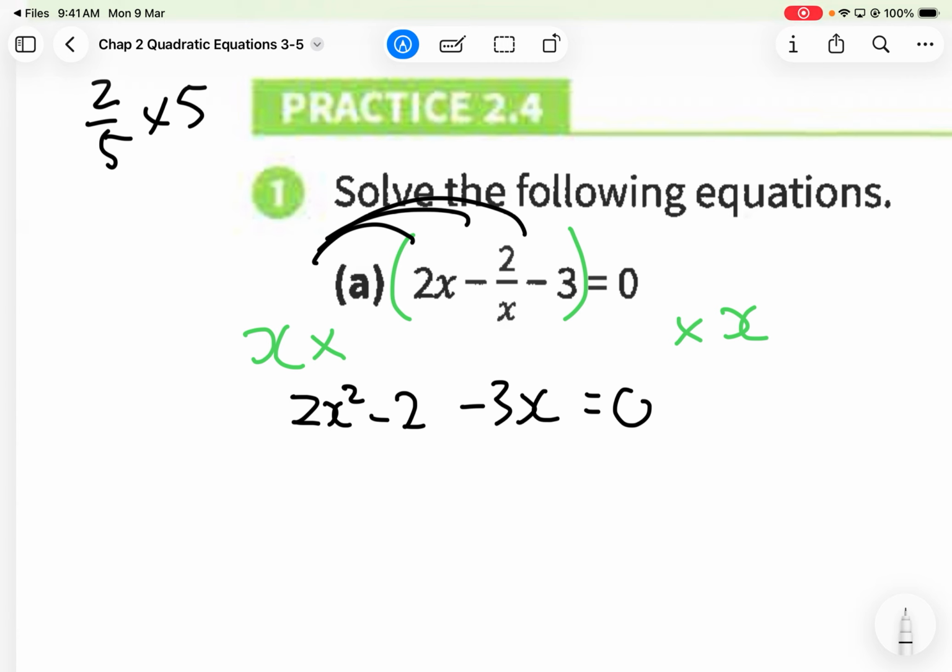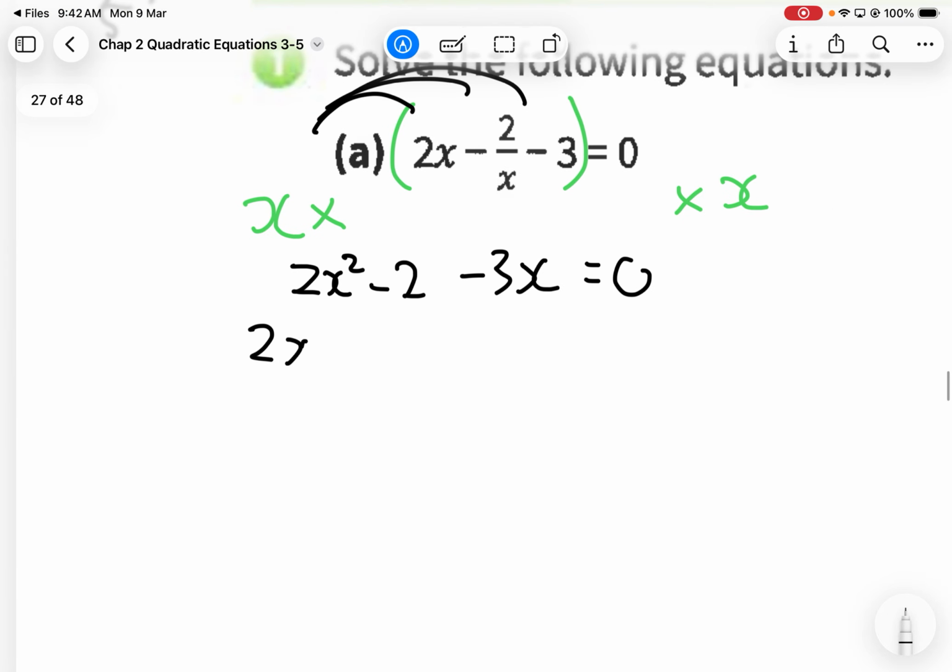Okay? Then you see, once I multiply the denominator to the entire equation, I no longer have the x in the denominator. Then I am one step closer to solving. Then I rearrange. I always want to arrange x squared, followed by x term, followed by number.